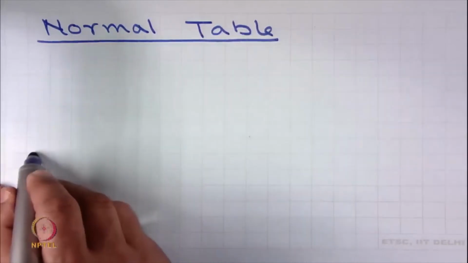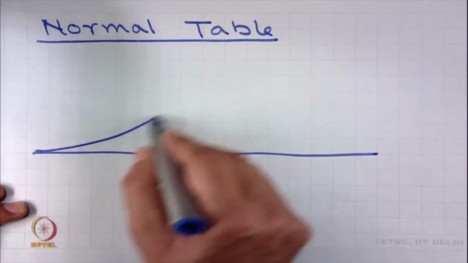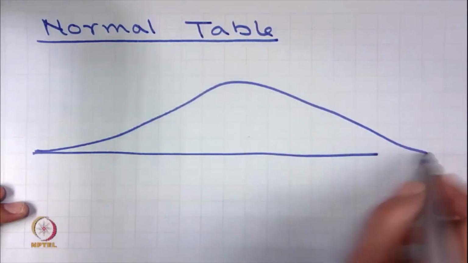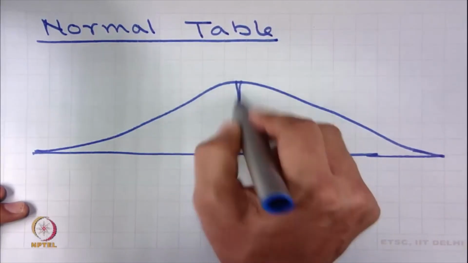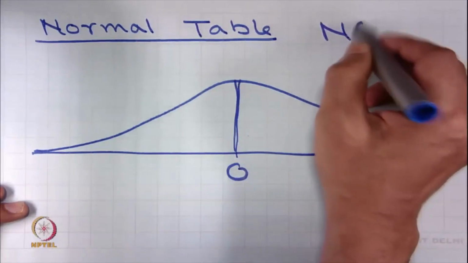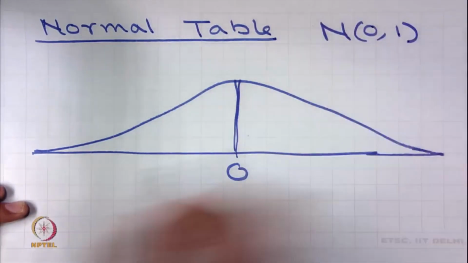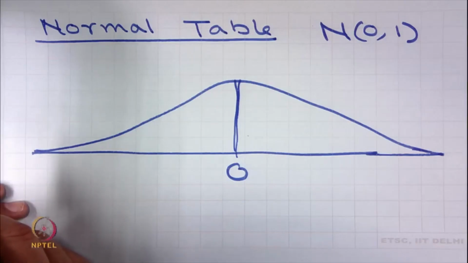We know the shape of the normal curve is somewhat like this. Consider this is 0. Let us just look at normal 0, 1, because for any other normal with mu and sigma square, we can convert it to the standard normal distribution.